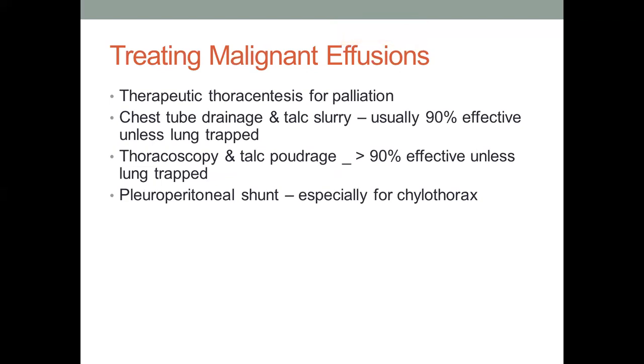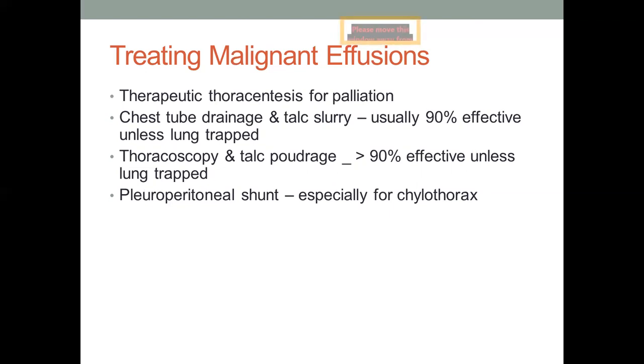Like we have discussed, the treatment of malignant pleural effusion is mainly palliative, in which a chest tube is passed into the pleural space and talc slurry or talc porridge is given through the chest tube to create inflammation in the visceral and parietal pleura.